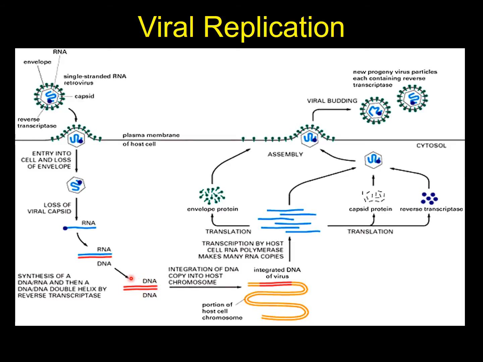You now have double-stranded DNA that codes for the HIV virus. And this is tragic because once you have DNA, DNA likes to be with other DNA. DNA will migrate to other DNA. So this HIV viral DNA integrates into the human DNA in the nucleus of this T cell. And there it is forever.